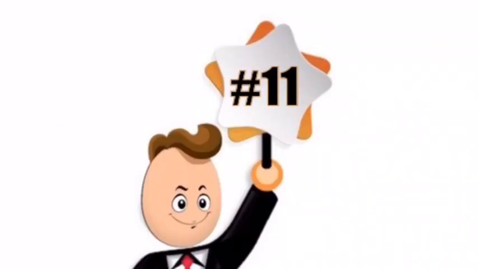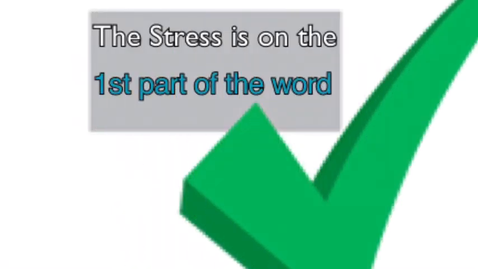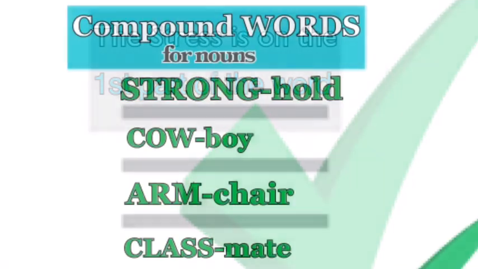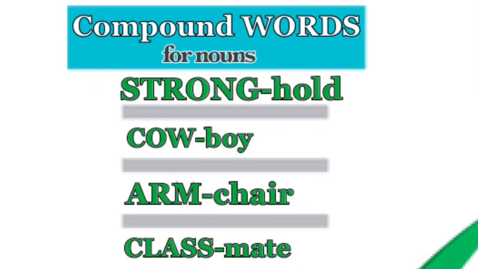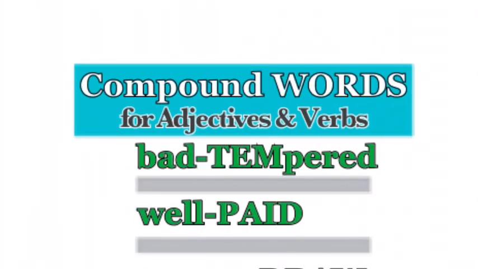Tip number 11. Now, for compound words, they usually carry their stress on the first word if they're a noun. Examples: a stronghold, a cowboy, an armchair, a classmate. And the last tip on stressing the right syllable in English is tip number 12.